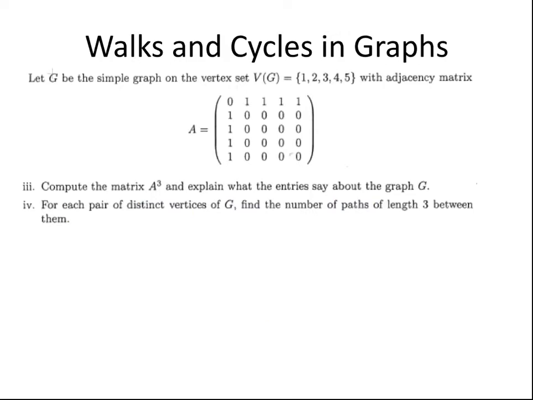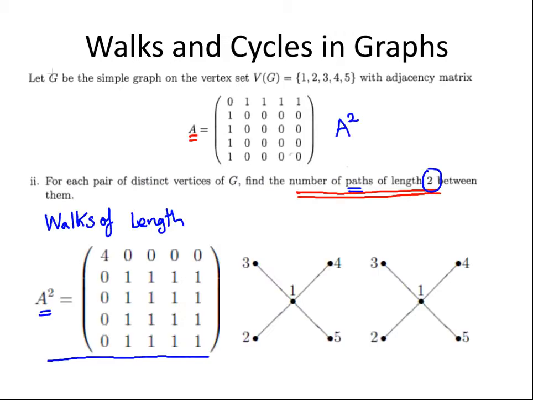We're talking about walks when we talk about A to the power of 2, but we're asked about paths, so we must not include any of the diagonal entries. There is no restriction on walks, but there is a restriction on paths.